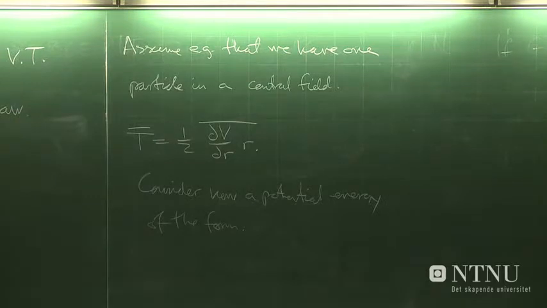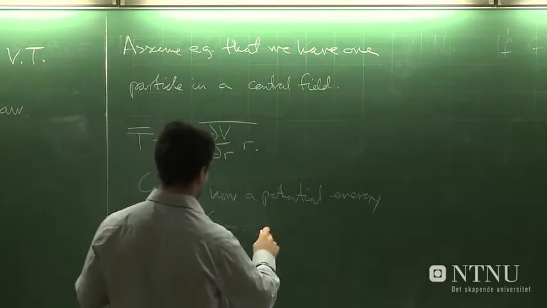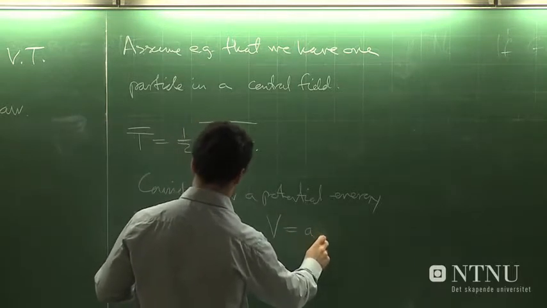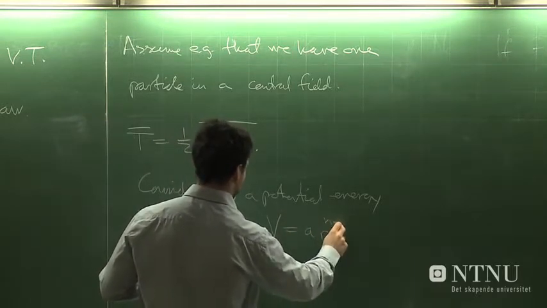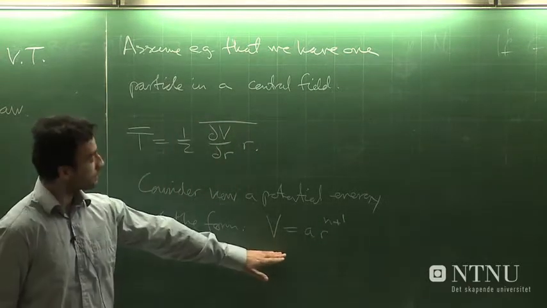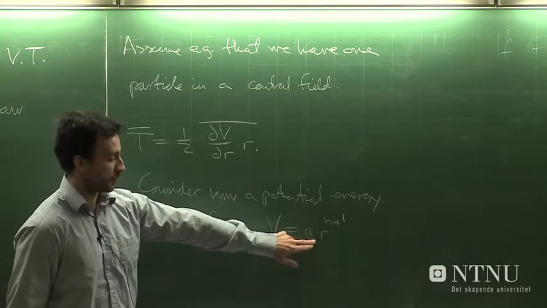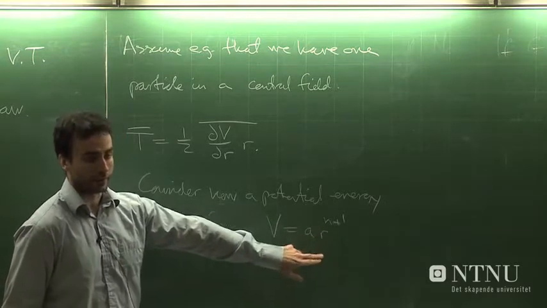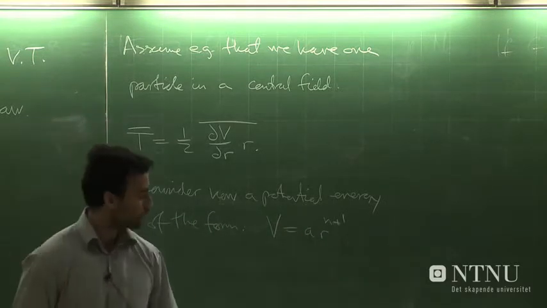Assume now that we have a potential energy which can be written like this. It's a constant multiplied with r raised to the power of n plus 1.